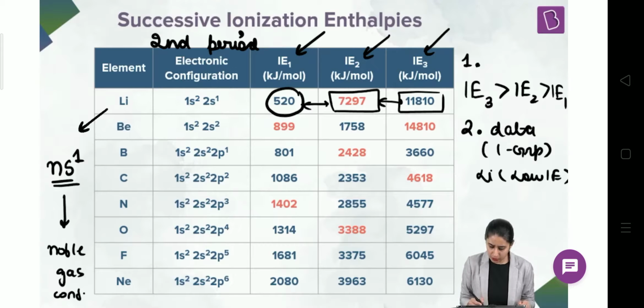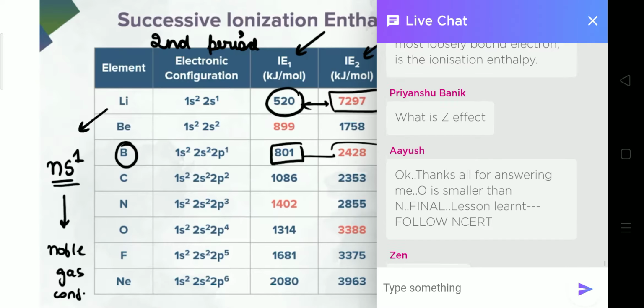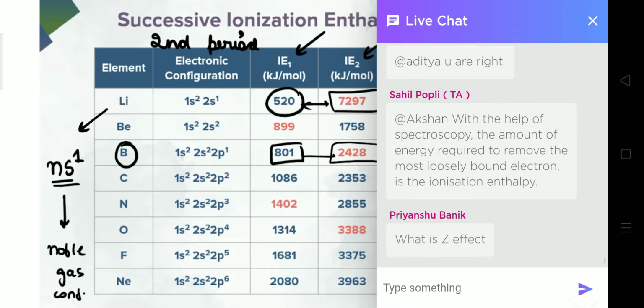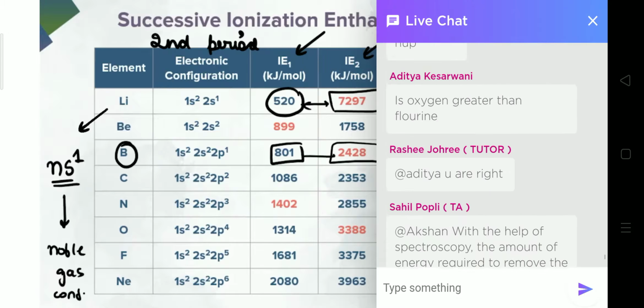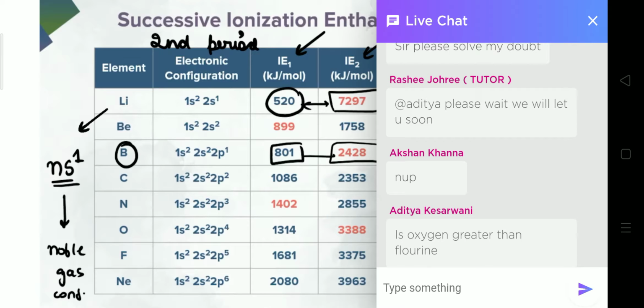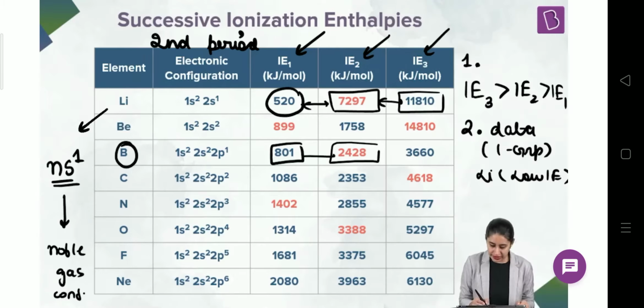Let's see the trend when we come to boron, okay? Removal of first electron is again easy, but the second electron, of course, is taking more energy. Why? Because on removal of a 2p electron, what we are getting is a very stable electronic configuration.